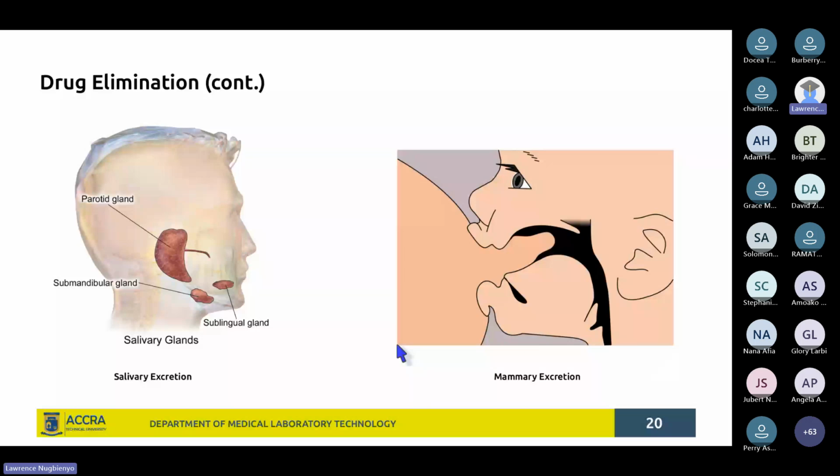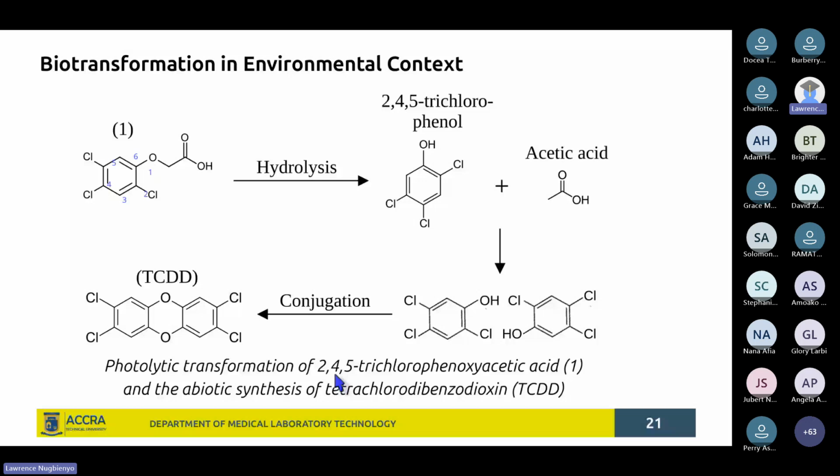All right. Now, that was much focus on the human body, but we can also look broadly at situations where you will have biotransformation in the environment. So you have this substance, 2,4,5-trichlorophenoxyacetic acid, a herbicide which was produced and used sometime in the 1940s.